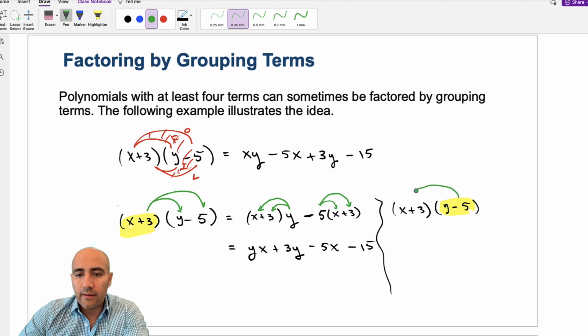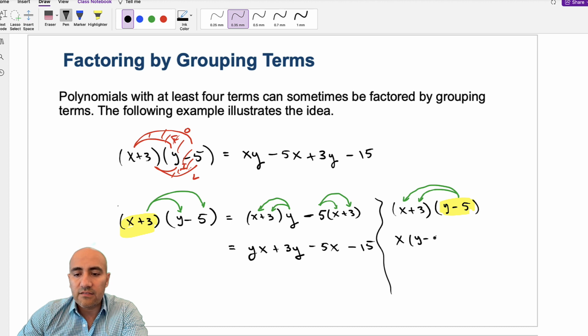So this whole thing multiplied times the x, and this whole thing multiplied times the 3. And so that gives us x times y minus 5 plus 3 times y minus 5, right? So again, we distribute the second binomial across the first binomial, multiplication distributed across addition.